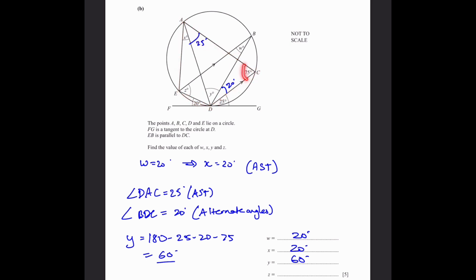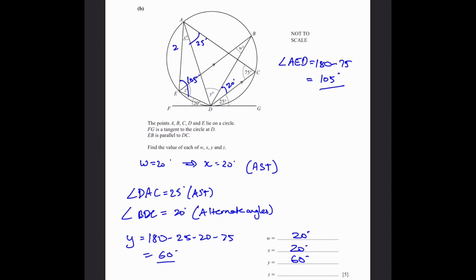And opposite angles in a cyclic quadrilateral add up to 180 degrees. So this angle AED and angle ACD add up to 180 degrees. So angle AED is just 180 minus 75. Simply 105 degrees. We have 105 degrees there.